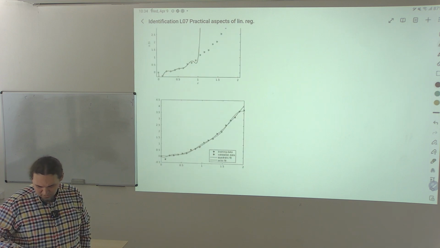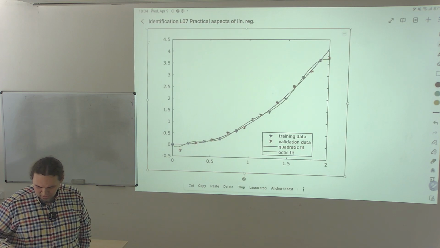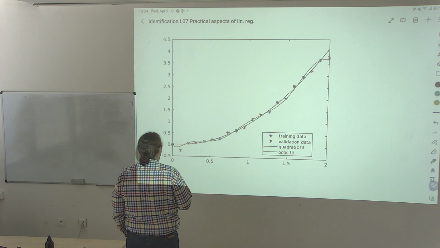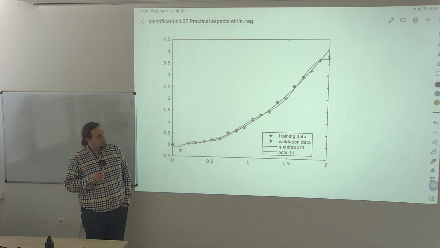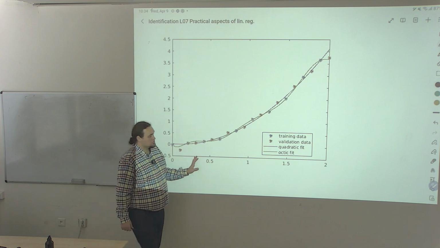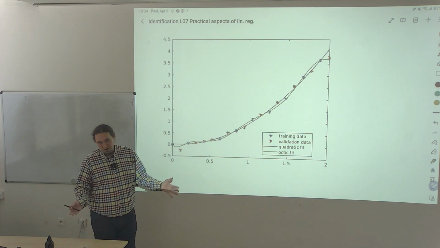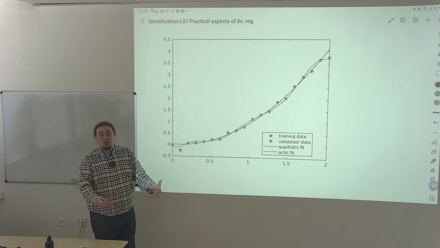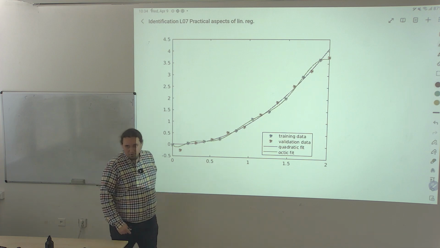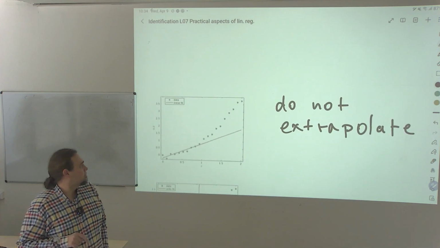So what is the remedy? And you have already seen this in your exercises: of course, try to get the data in the full range where the model should be valid, where you want to use it. What's the point here?